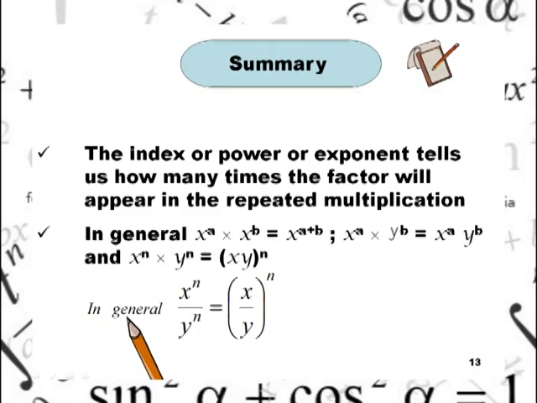In general, x to the n over y to the n equals x upon y to the n. In general, x to the a all raised to the b is equal to x raised to the ab.